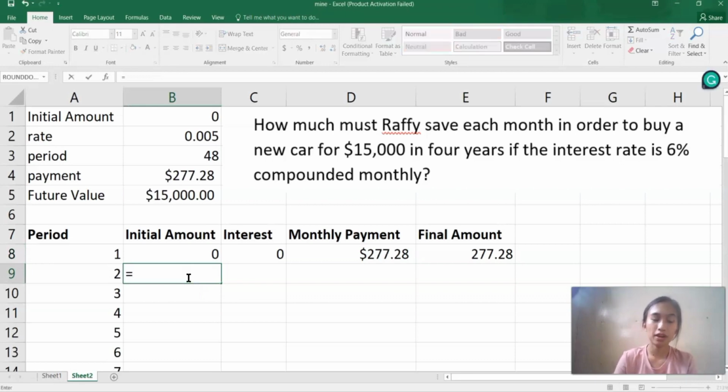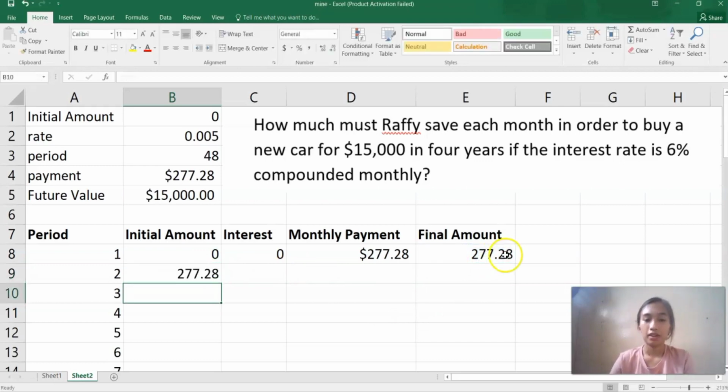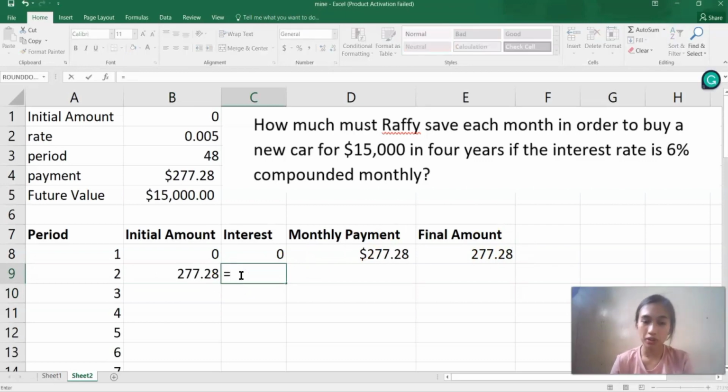Now at the second payment, what we put in initial amount is the final amount of the previous payment. So the final amount of the first payment is 277.28, then enter. And then the interest, since we have the initial amount, we have to multiply it by our interest rate.